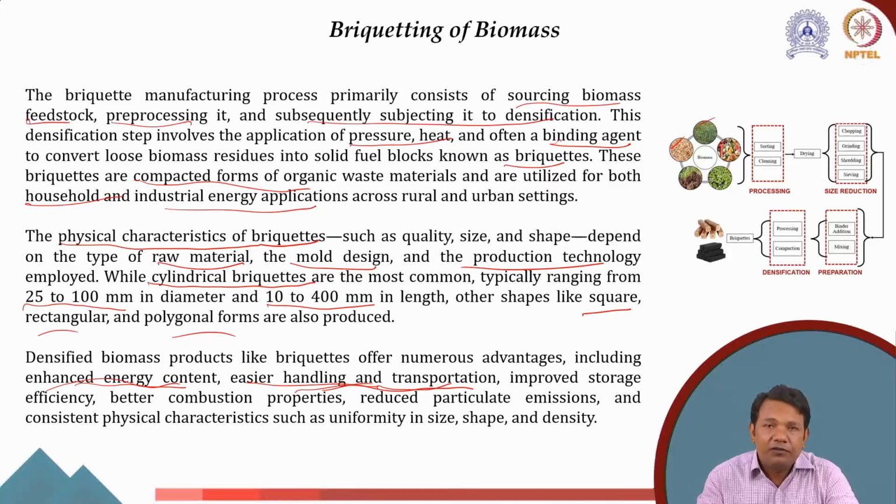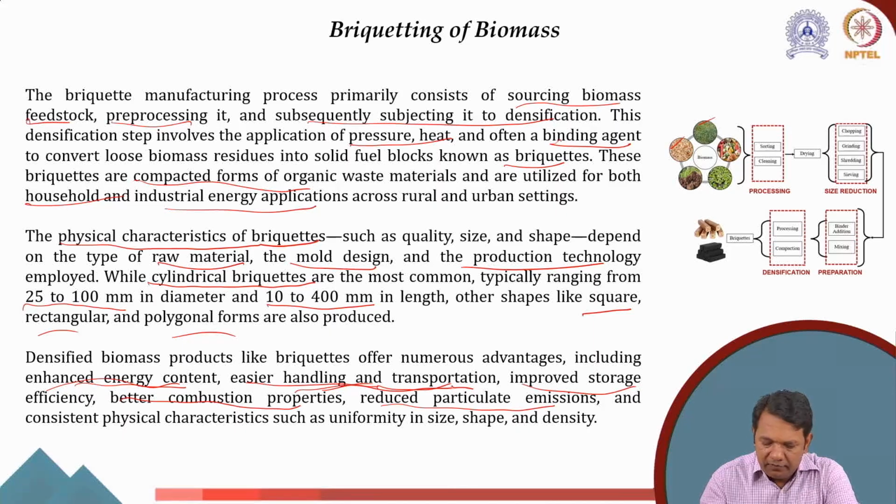Besides that, once you have pellets formed, storage also becomes easier. You can imagine that storing powder biomass will require more space than storing briquettes and pelletized biomass. And because here we are also removing the light volatile material, the combustion properties will be better and particulate matter emission will reduce.